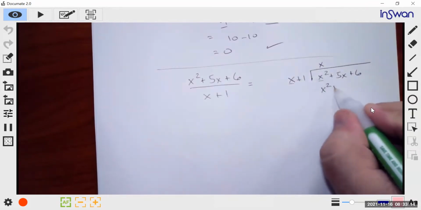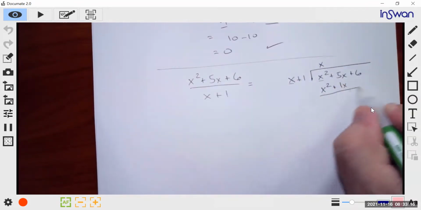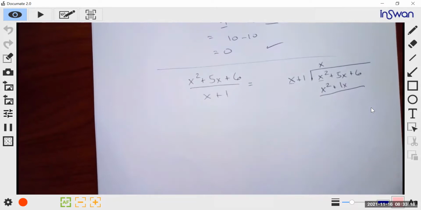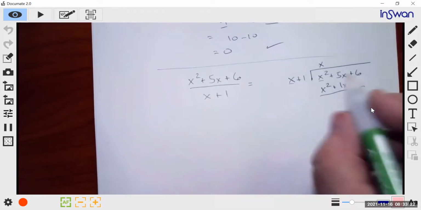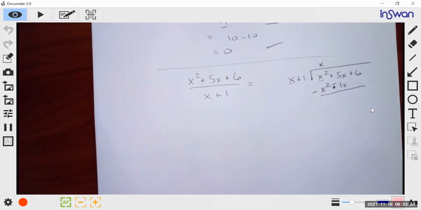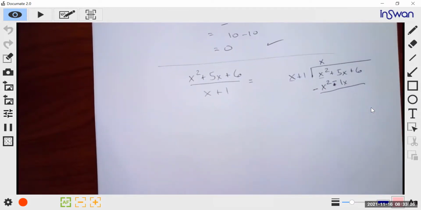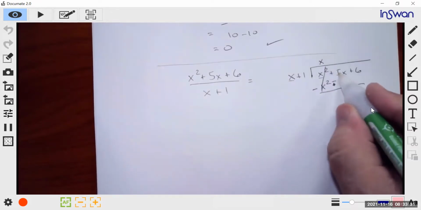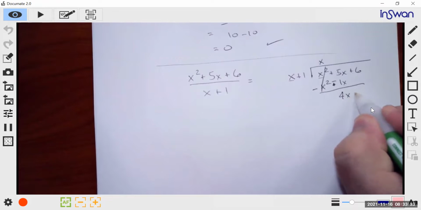X times 1 is 1x. Change the signs and add. Let's cancel. 5 minus 1 is 4x. Bring down what's left.